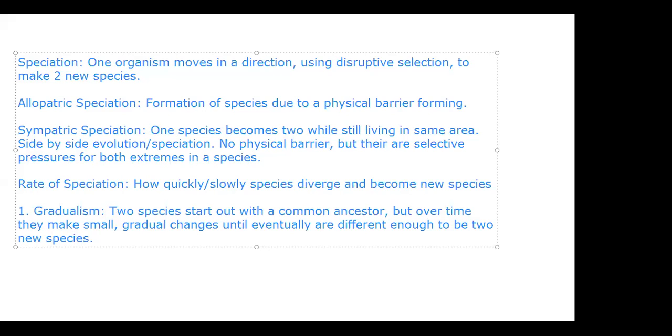So this is just small changes over time. You're going to see this especially with larger mammal organisms. Humans, for instance, have pretty good evidence of gradualism. You can also look at a giraffe and an okapi. Giraffes and okapis share a common ancestor, and there's fossil evidence to show that there have been slight changes over time.